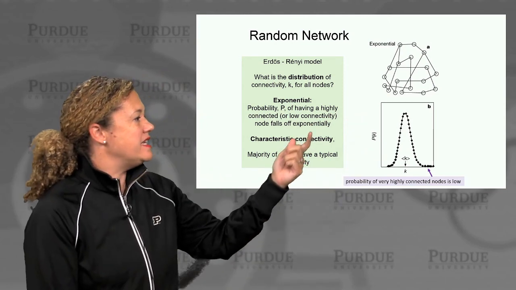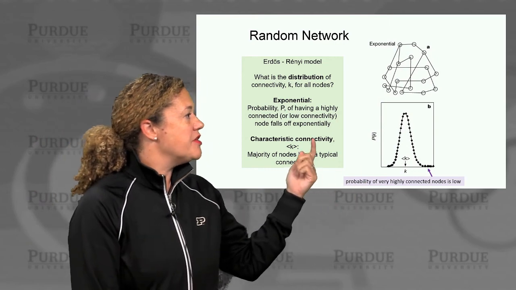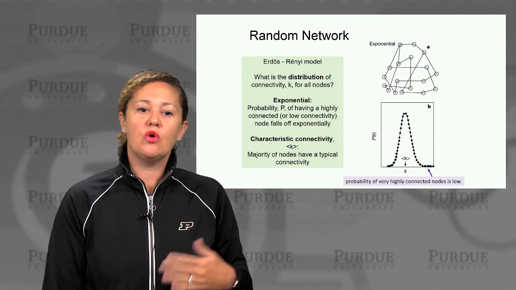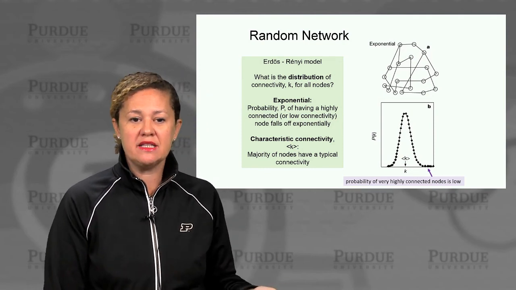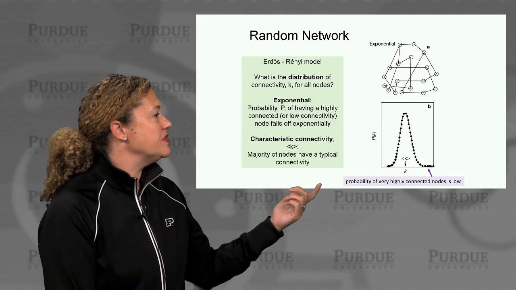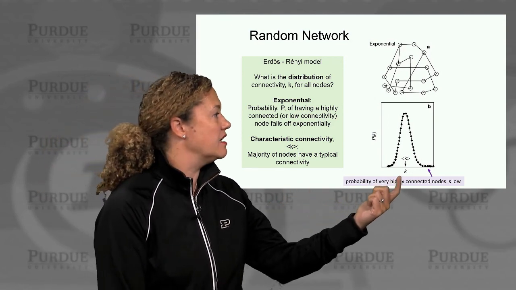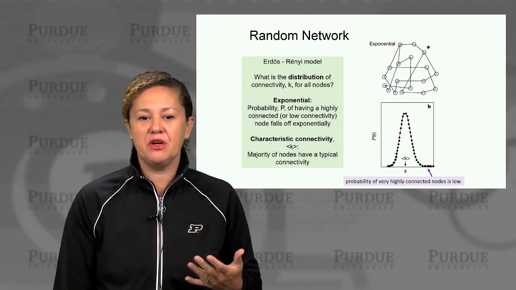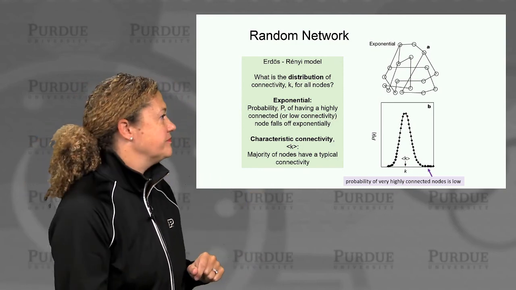And what I mean by that is if we look at the tails, the probability of having a very highly connected node or, conversely, a very low connectivity falls off exponentially. And there's a characteristic mean connectivity here, whereas the majority of nodes have some typical connectivity.